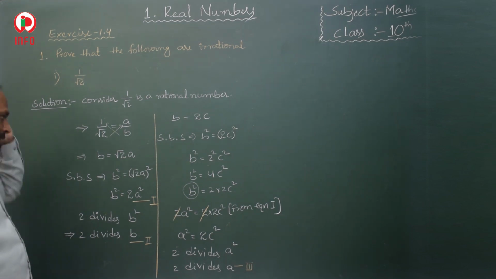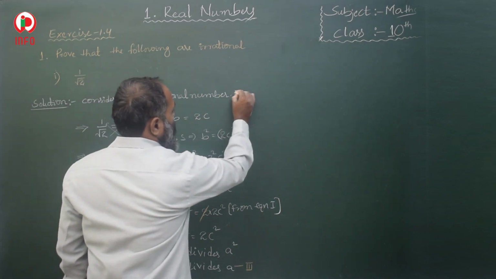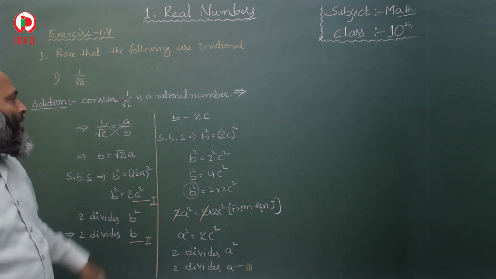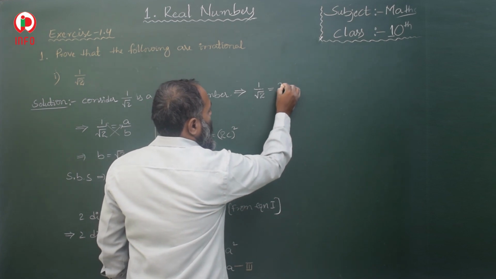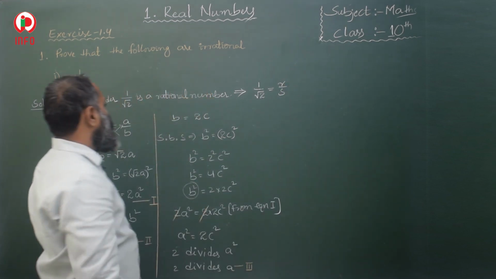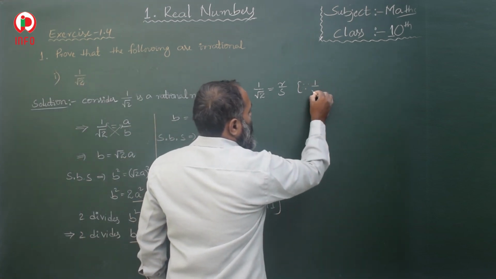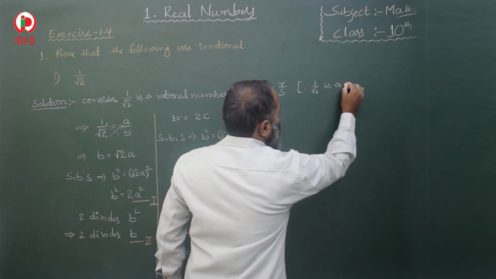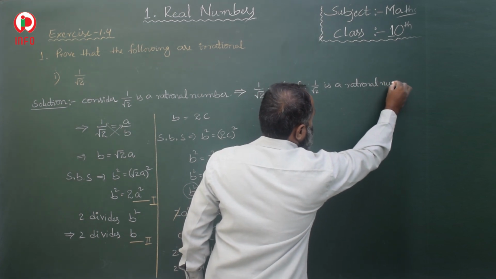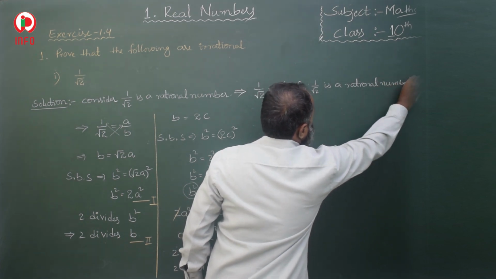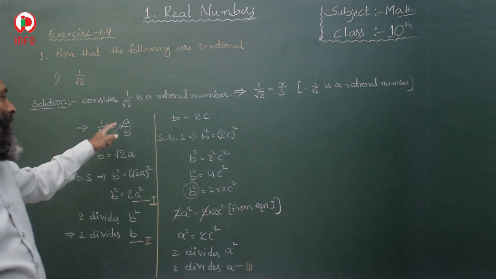Before that, here a and b: since 1 by root 2 is a rational number, you should take it as r by s.